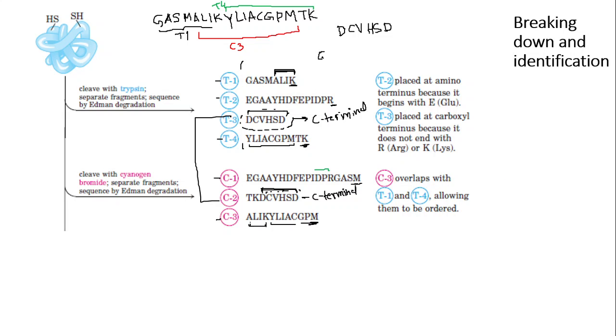So E G A Y H D. I'm writing the T2 sequence: E G A Y H D F E P I D P R, DPR, and then followed by GASM.